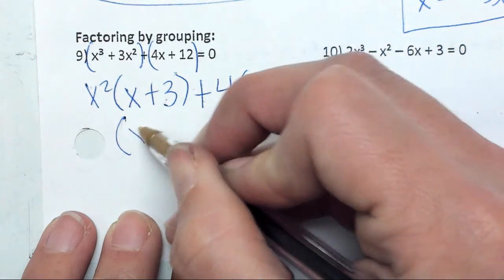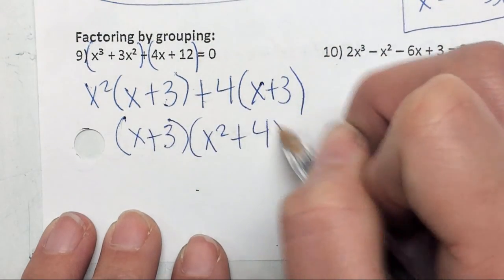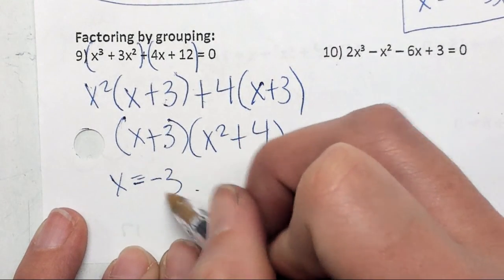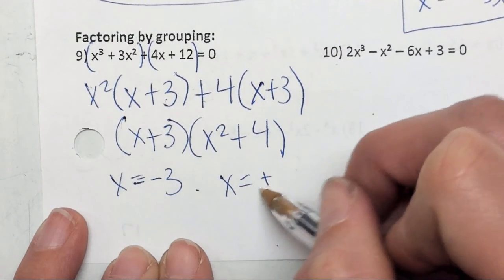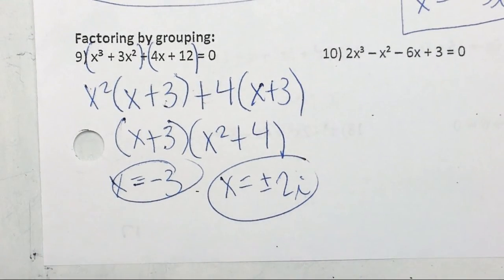So we'll have x plus 3 and x squared. What's one of my zeros going to be? And plus. Very good. Alright. And there's 3 answers, our degree is 3.